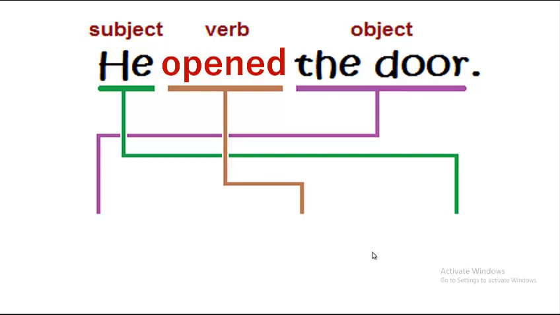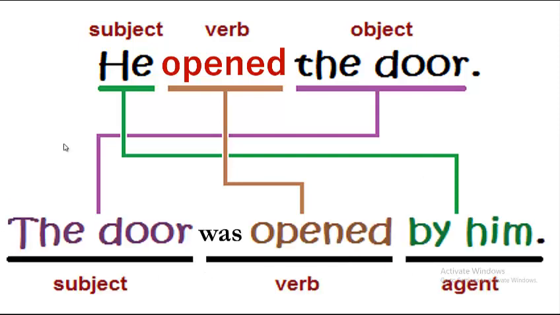Let's see. That's right. Here, the door was opened by him. We started with the object, the door, followed by the verb to be in the past, was, then the past participle of the verb, then the subject, preceded by the preposition by.